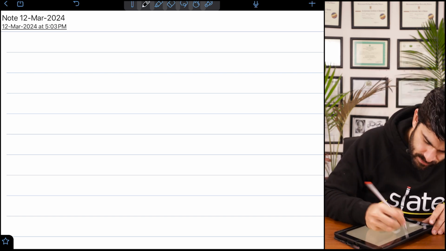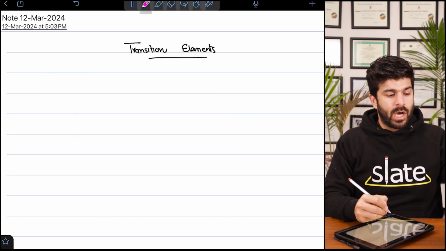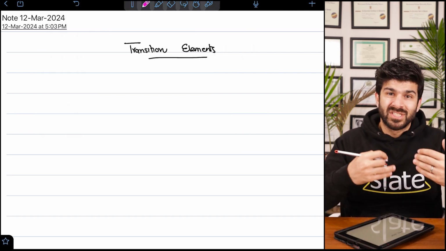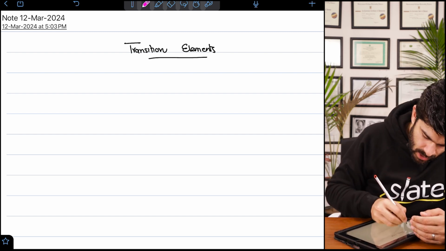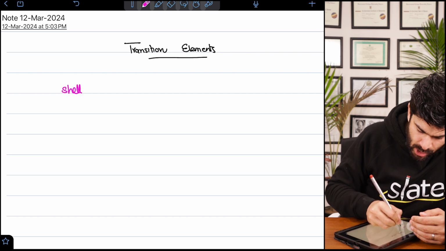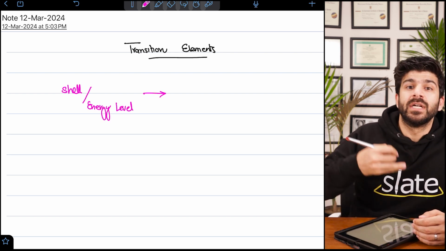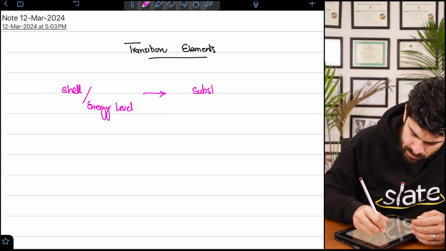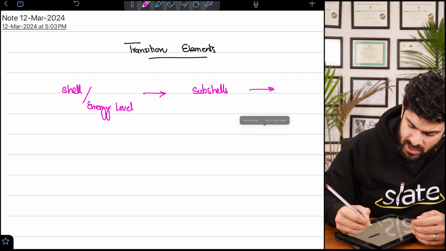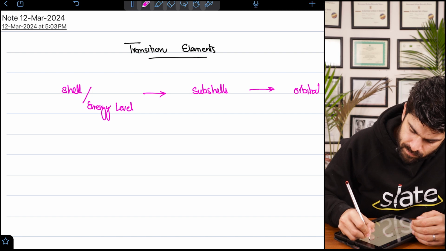In the AS, so students, in the AS chemistry, you first talked about shells, subshells, and orbitals. Remember, a shell or energy level can further be divided, or it can be constituted of subshells. And subshells further have orbitals.